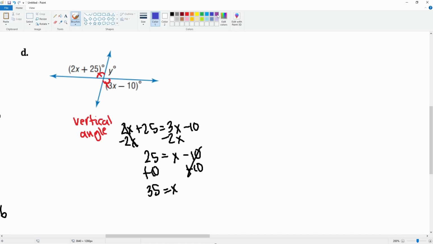This is useful because we can now set up this equation. We notice that these two angles form a straight line, so they are classified as linear pairs. Since they are linear pairs, they add up to 180 degrees. The two angles we are referring to are y plus 3x minus 10. We can solve for this because we know the value of x from the first equation is 35.